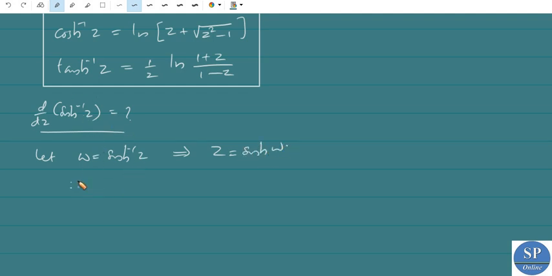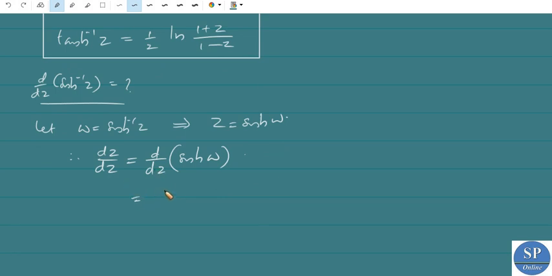Therefore, as in the inverse trigonometric functions, differentiating this with respect to z, we get 1 is equal to, or dz by dz is equal to d by dz of sinh w. But we have d by dz of sinh w is equal to cosh w, or d by dw of sinh w into dw by dz. So this is equal to cosh w into dw by dz, which is equal to 1.